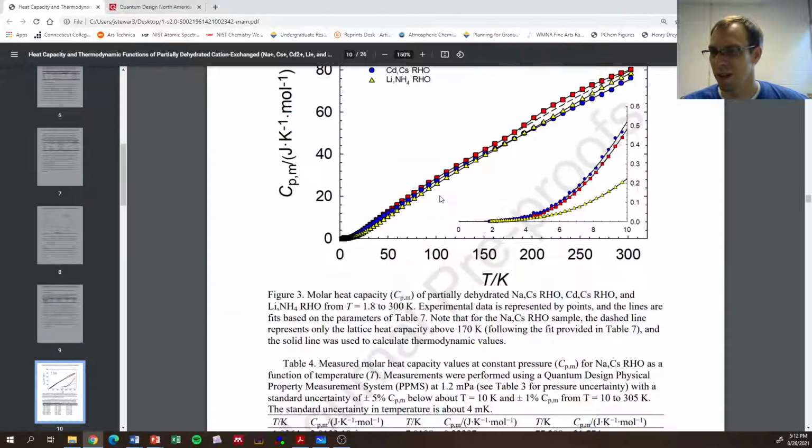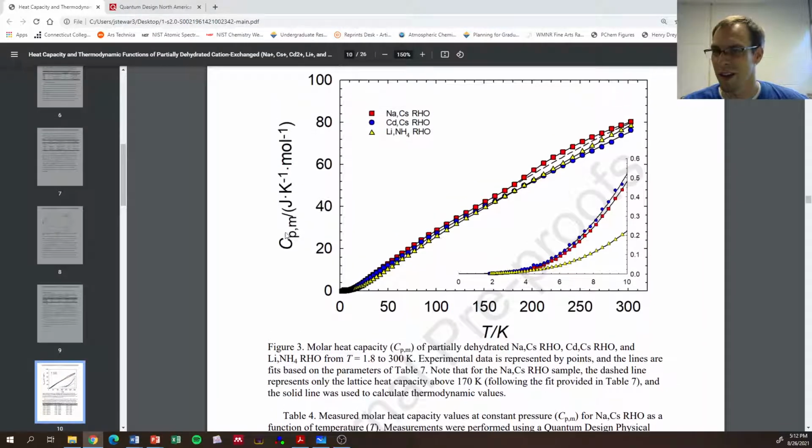So if we go down here, this is their heat capacity as a function of temperature. And this is their actual data for different cations inside of their zeolite crystal. They show the low temperature range down here, where you start close to zero heat capacity, and then it starts to increase. And then they do the range all the way up to room temperature. And what you can see here is that this stays solid the whole way, right?